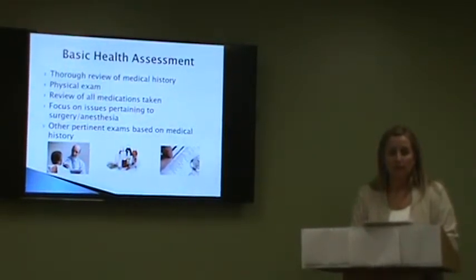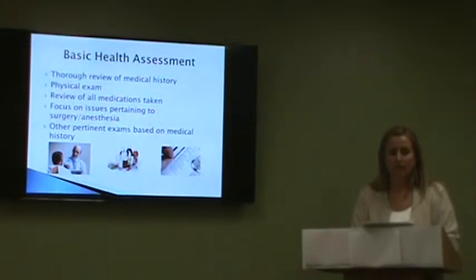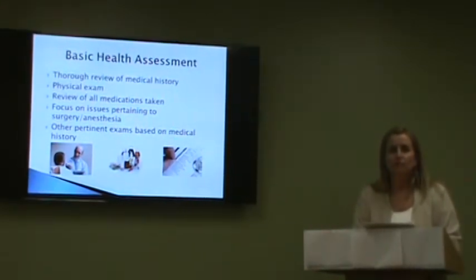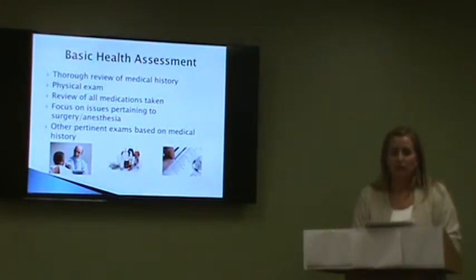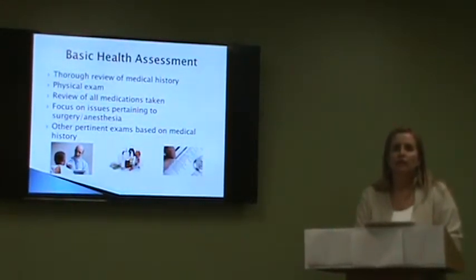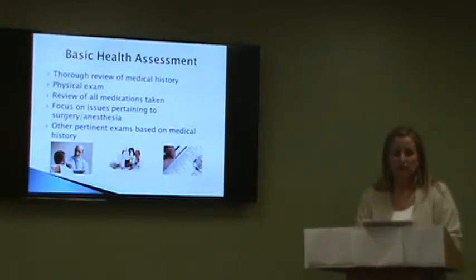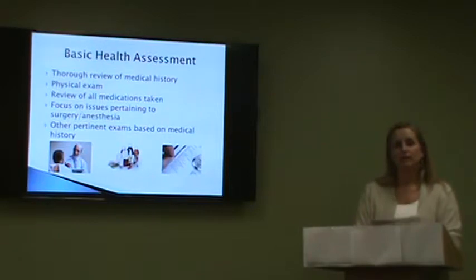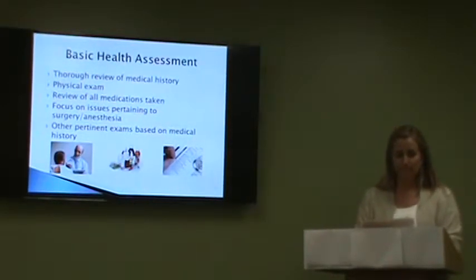This includes patients' known health problems and the status of those, cardiac and pulmonary status, prior personal or family problems with anesthesia, cardiac, smoking, alcohol, or drug history, possibility of pregnancy, any personal or family history of abnormal bleeding, or risk for anemia. The physical examination should include height, weight, body mass index, vital signs, cardiac and pulmonary exams, and any other pertinent exams based upon the patient's medical history.